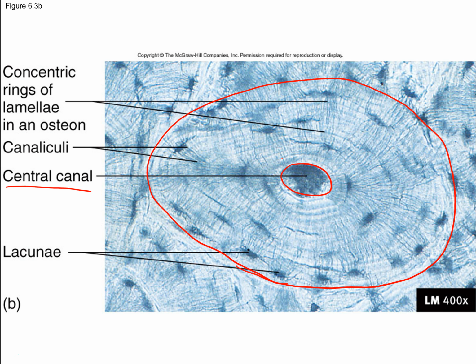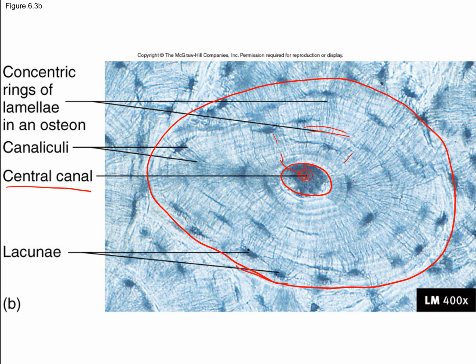This is where small blood vessels can run through. These little rings are referred to as lamellae. They sort of look like the annual rings of a tree trunk. And then you'll see these tiny little lines. These little lines are where branches of the vessels that run through the central canal may branch off.